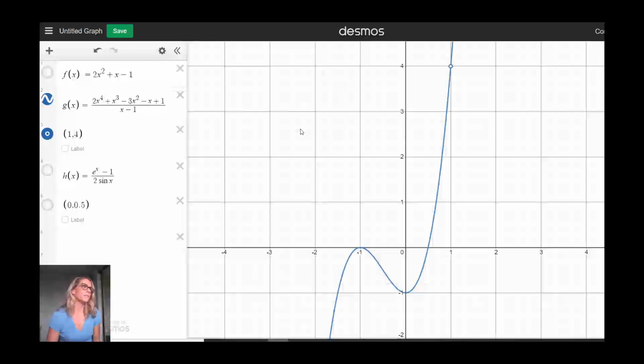From pre-calculus, students should be aware that this means the numerator and the denominator have a factor of x minus 1. The denominator has a factor of x minus 1, but so does the numerator. That x minus 1 in the top and the bottom arguably could be simplified, but they're not, they're in the function, and so it creates this hole, just at that value.